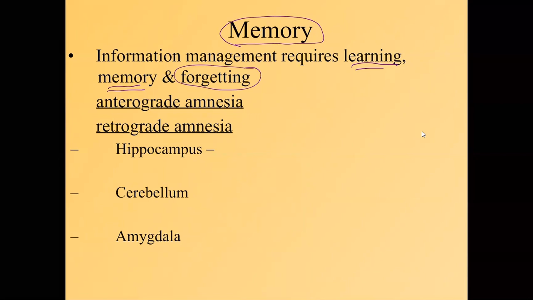Okay, so if we have problems with memory, there's two things that can happen. Well, there's more than two things that can happen, but here are two things that could happen. So there's anterograde amnesia and there's retrograde amnesia.